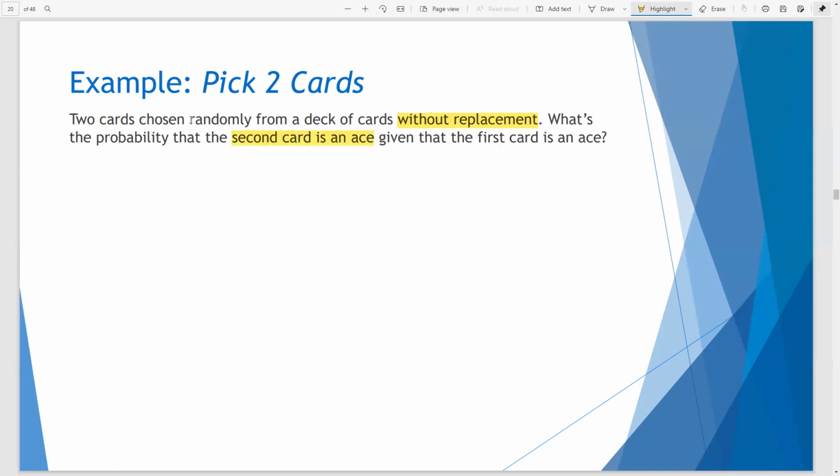Probability that the second card is an ace, given that the first card is an ace. They're not asking for step by step, but just asking for the conditional probability, right?